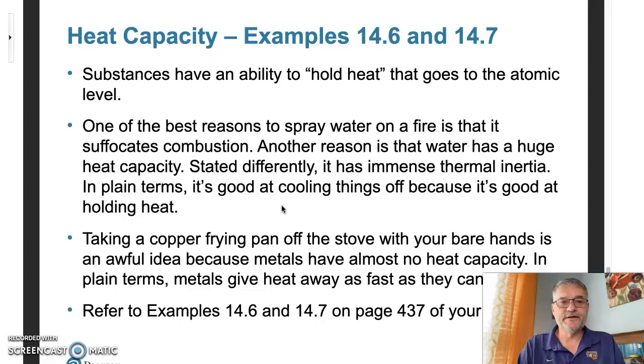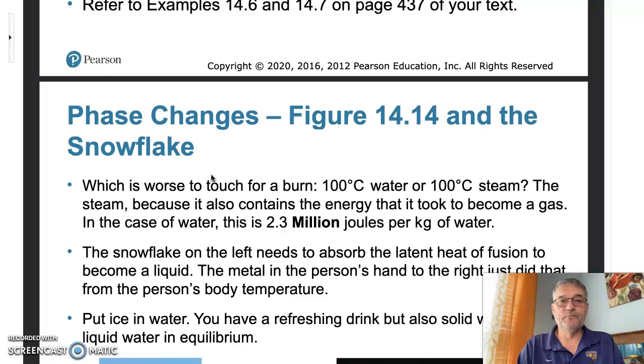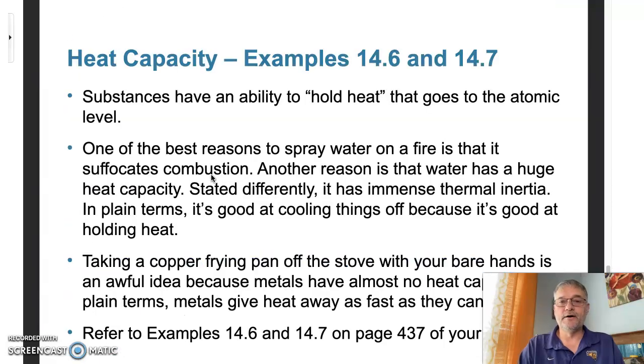Heat capacity is another concept that's important, and water is a good example of that, and that is how well something holds heat. Specific heat is another related term, the amount of energy it takes to change 1 kilogram of substance 1 degree Celsius.